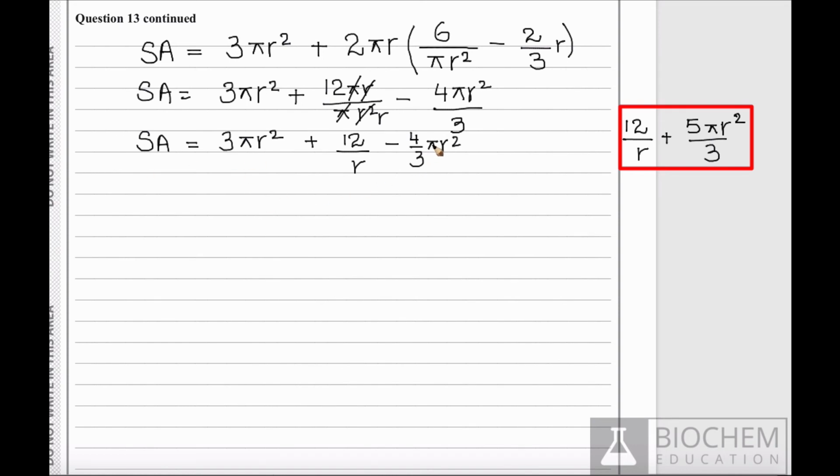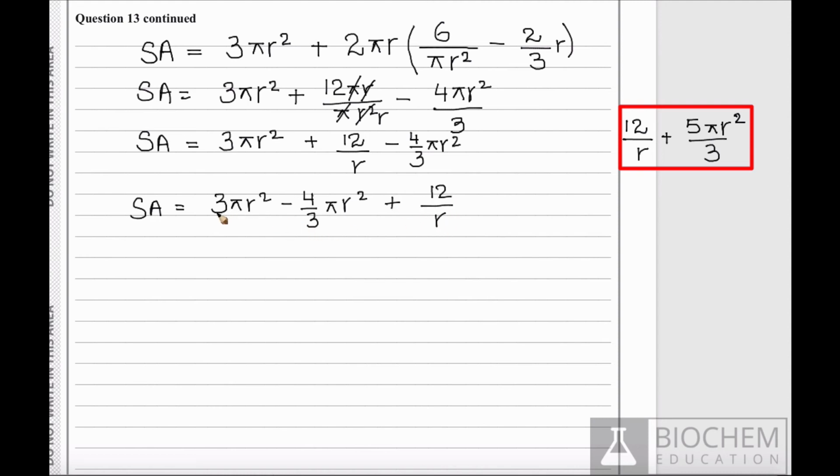Now we can collect the like terms, so negative 4 over 3 pi r square and 3 pi r square. So we can say surface area is equal to 3 pi r square, and bringing this to the left hand side, we can say it's 4 over 3 pi r square plus 12 over r.